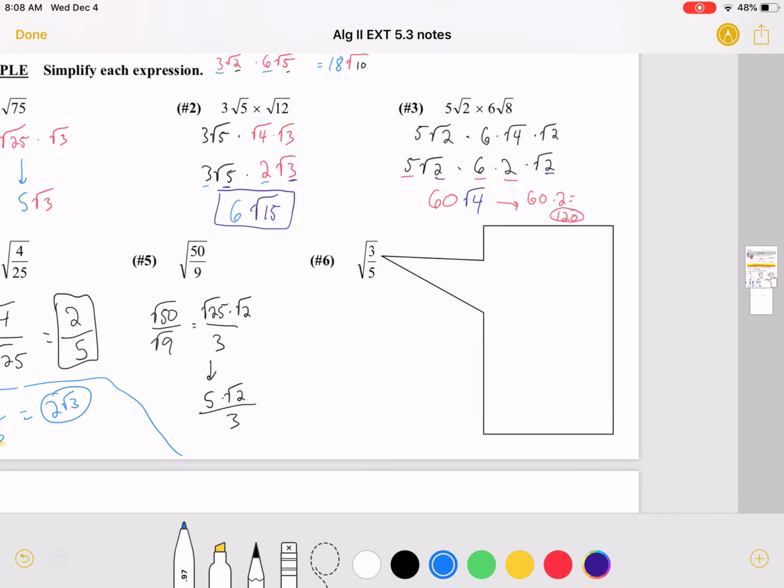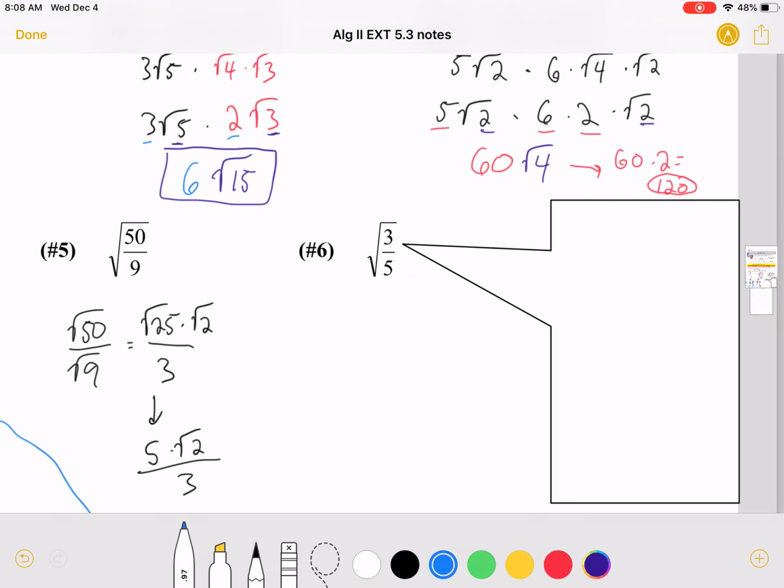Okay, last one here on the quotient property. This little box means you can't have a radical, a square root, in the denominator.